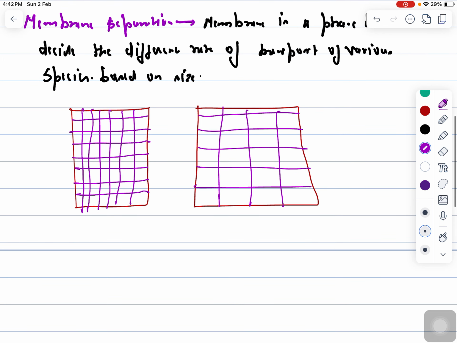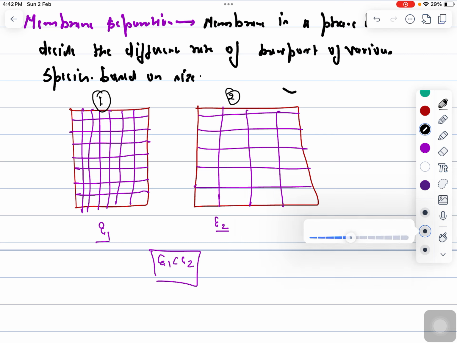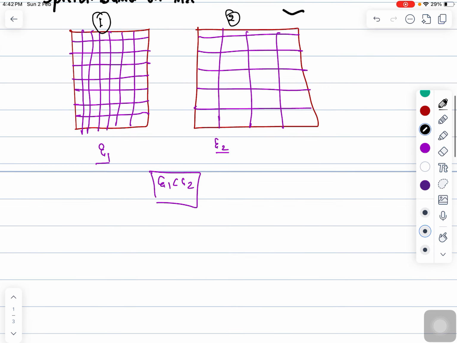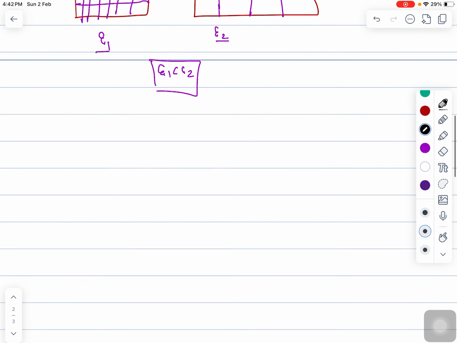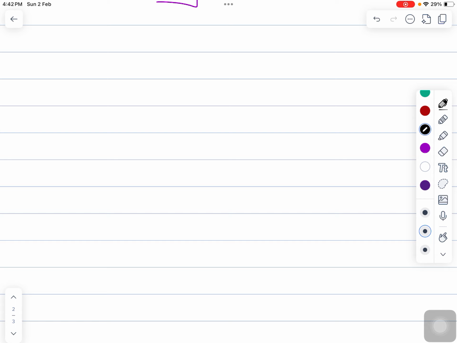So here separation will be different, right? Here the pore size is epsilon 1 and here the pore size is epsilon 2, and you can see epsilon 1 is less than epsilon 2. So in that particular separation, from both membrane 1 and membrane 2, you will see that the separation which is happening is different from each other, right? Again we'll see all of these membrane separation processes, where which kind of pore size is required, and what kind of parameters are required.